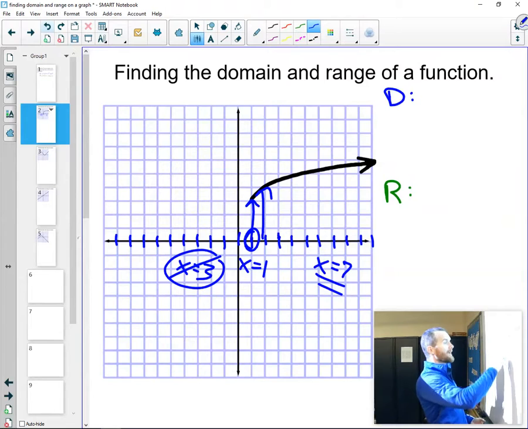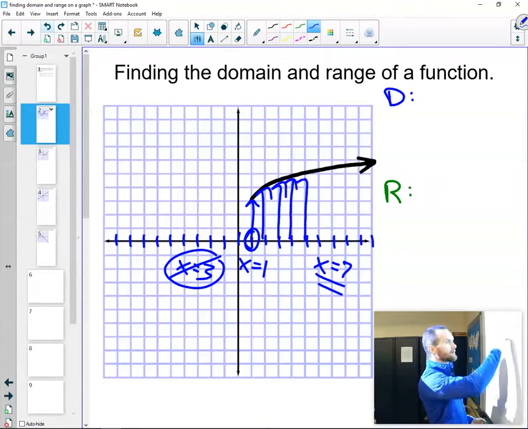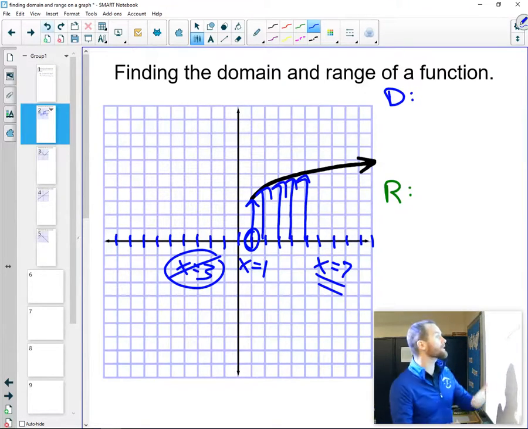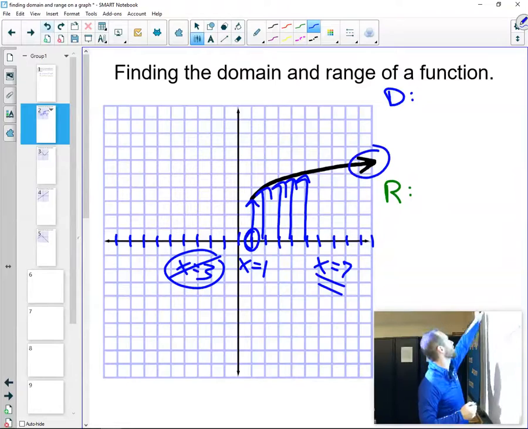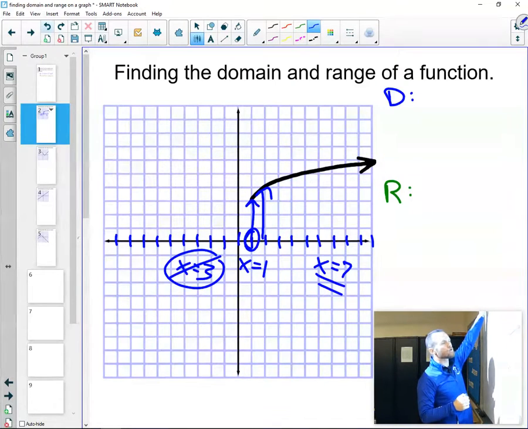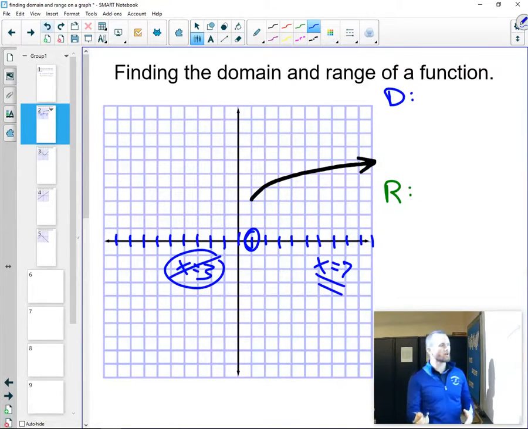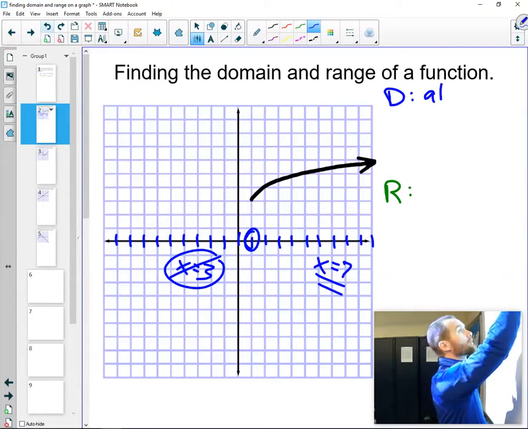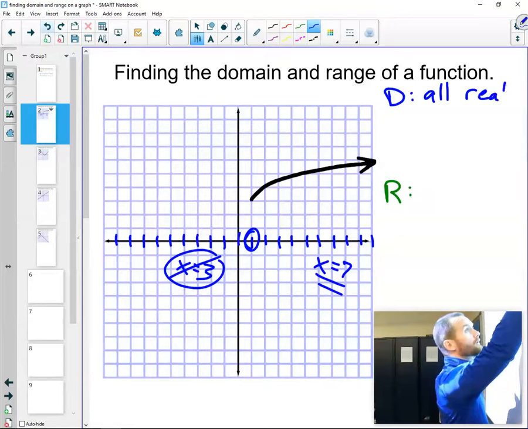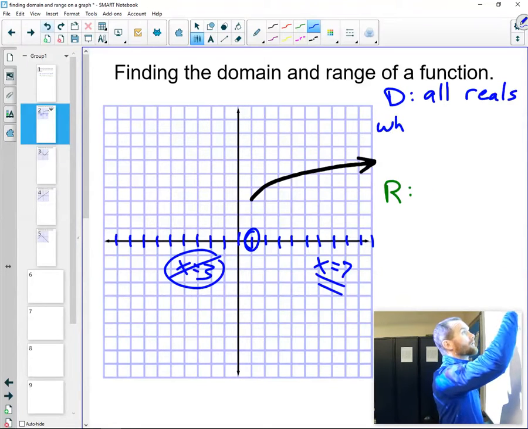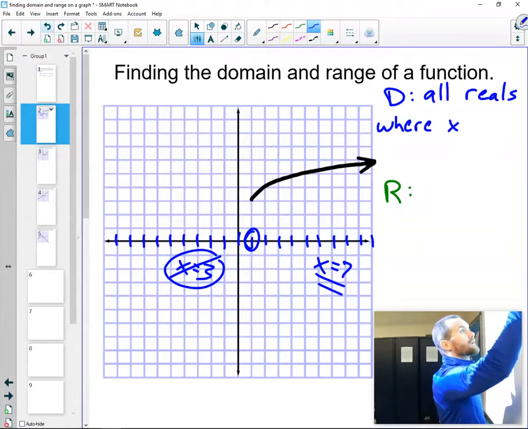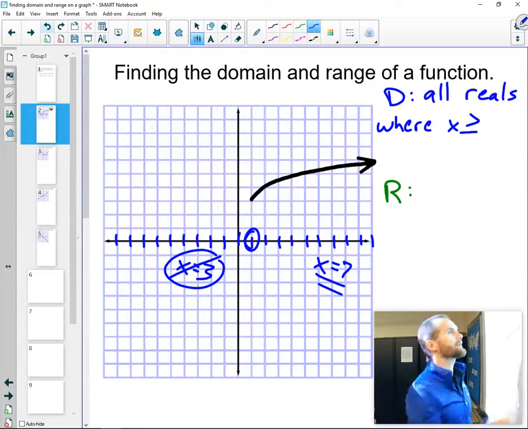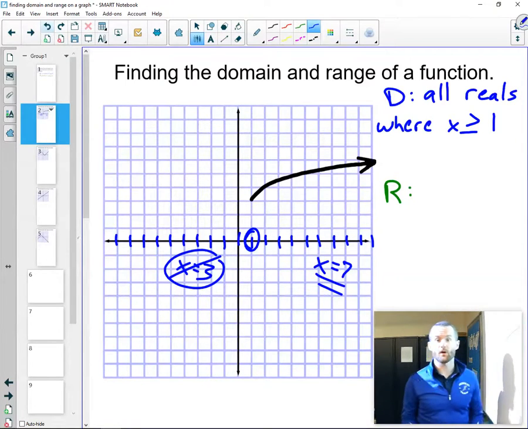And then every x value after that, you can keep on going forever, will always hit the function. Remember, that arrow means it keeps on going. So as far as our description goes, our domain is going to be all real numbers where x is greater than or equal to 1.